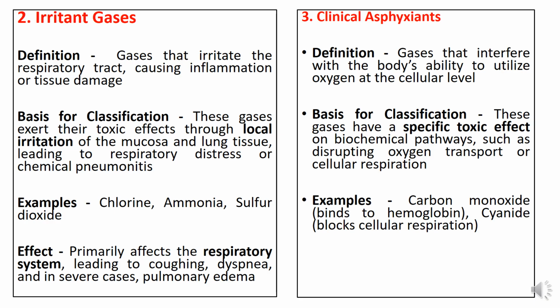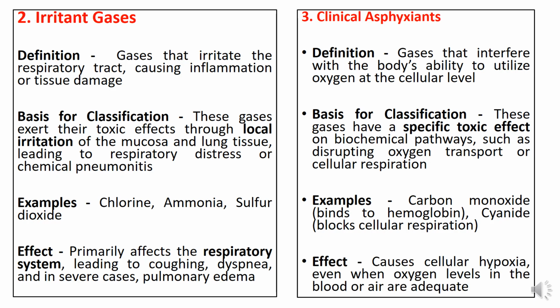Carbon monoxide, cyanide, and hydrogen sulfide. The effect: it causes cellular hypoxia even when oxygen levels in the blood or air are adequate, because it affects our circulatory system with chemical reactions.